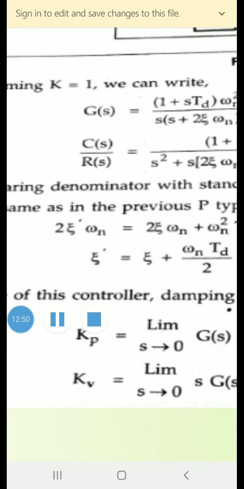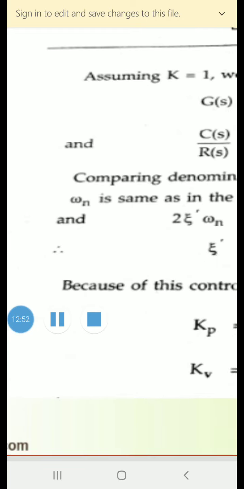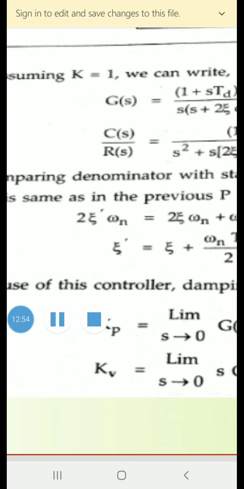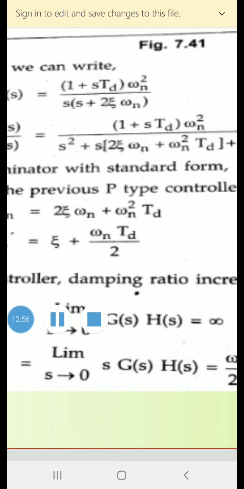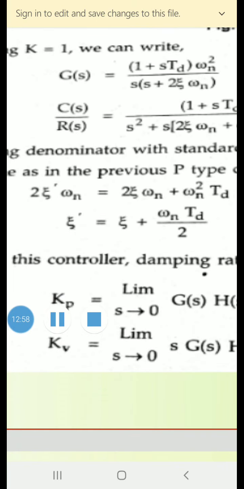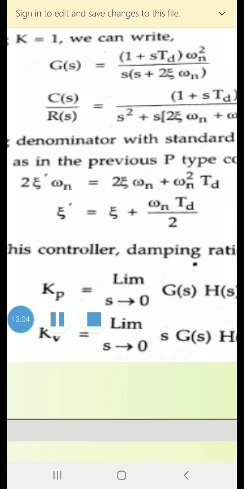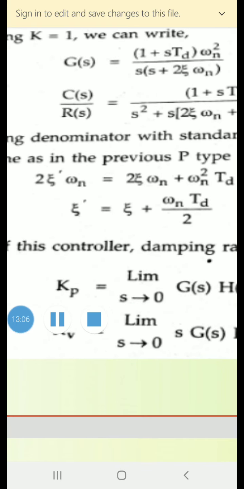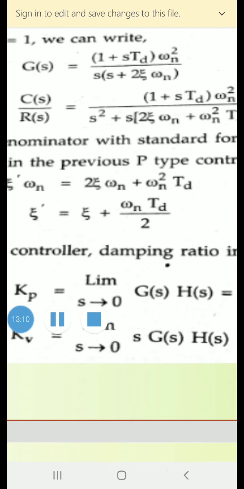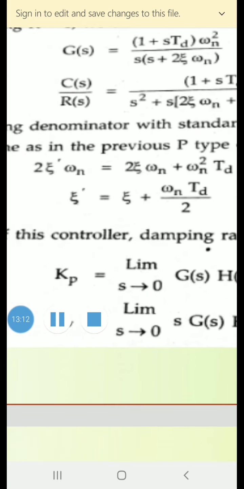Comparing the denominator with the standard form, omega n is the same as in the previous P type controller, and 2 damping ratio omega n is equal to 2 damping ratio omega n plus omega n square Td. So the new damping ratio is equal to the damping ratio plus omega n Td by 2.